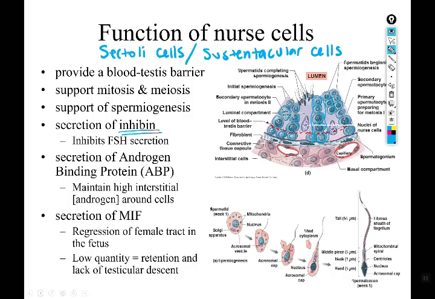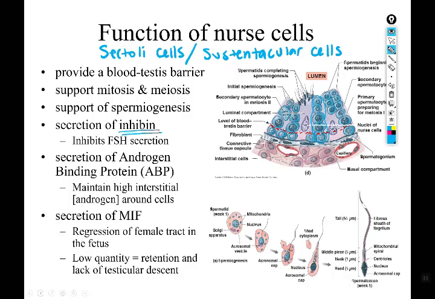So we'll talk more about those feedback loops in detail. They are a little bit confusing, I acknowledge, more confusing than the regular HPG axis feedback loops, but actually less confusing in people with testes than in people with ovaries and a uterus, because the uterus brings a third factor into the mix that's not present in people with testes.